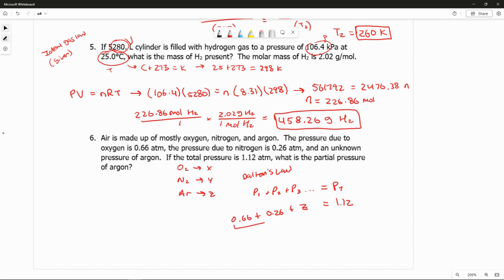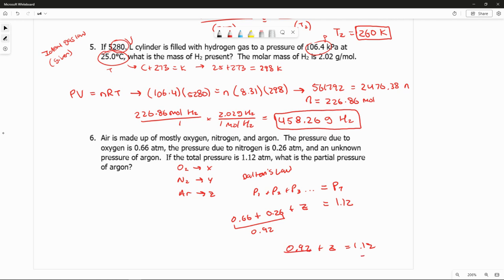0.66. Adding those up, you're going to get 0.92, plus Z, which is argon, is going to be 1.12 total pressure. Subtract 0.92 from both sides.